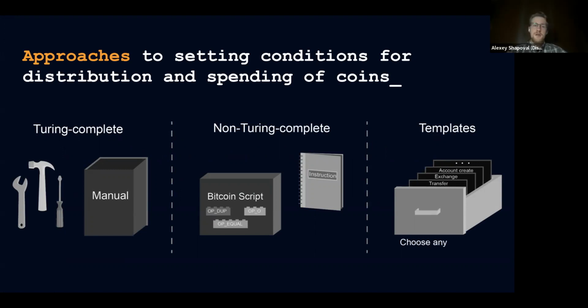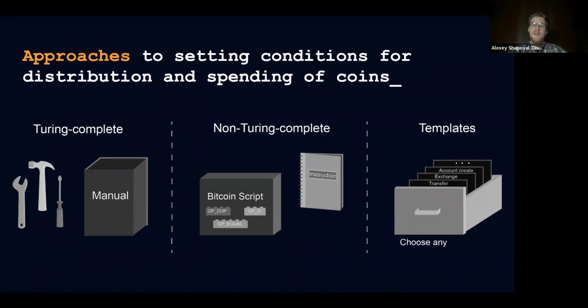The first one is Turing complete, and without getting too deep and too formal into what is a Turing machine, what is a Turing complete language, since I believe many of you already know this concept and are pretty familiar with it. But speaking with simple words, we call some language Turing complete when it allows us to implement any logic we want, even if we are speaking about our own cryptographic algorithms, the ones that are not present in the system.